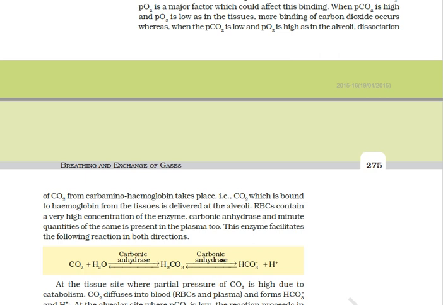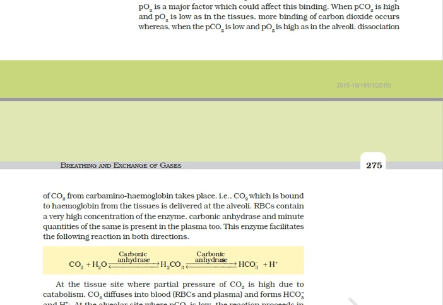Again you can see that CO2 combining with water forms H2CO3, and H2CO3 later on gives rise to HCO3 plus H ions.